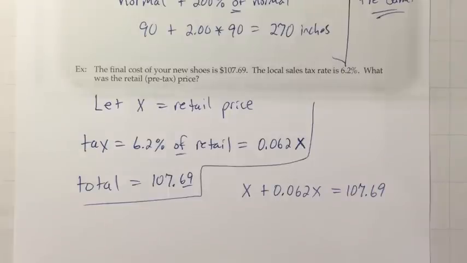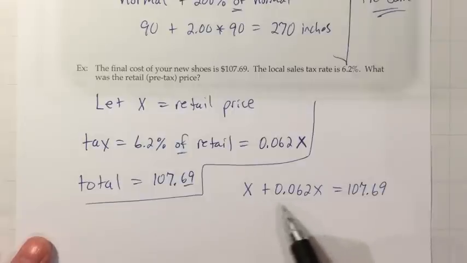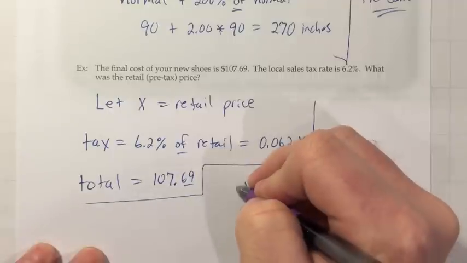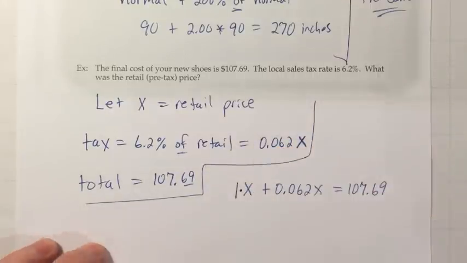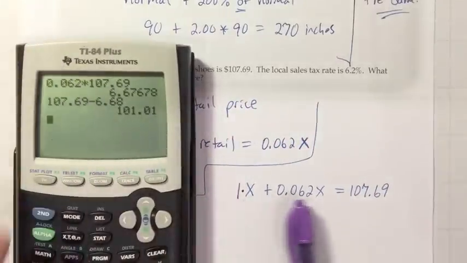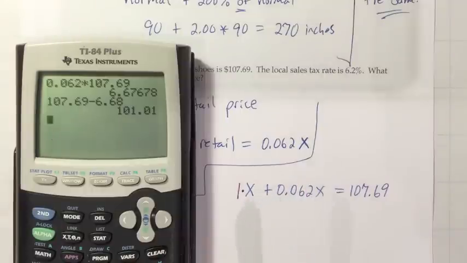So now when you go to finish this off, we're just going to use our normal equation techniques. It's just a little messier because of the decimal. But one important thing to think about is these are like terms, so you want to combine them by adding the coefficients. If there's no coefficient visible, you have to remember that means it's 1. So if this was 1x and 8x, it'd be 9x, right? We just add the coefficients together.